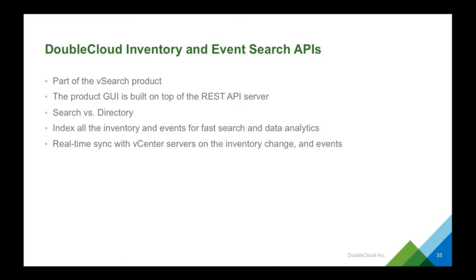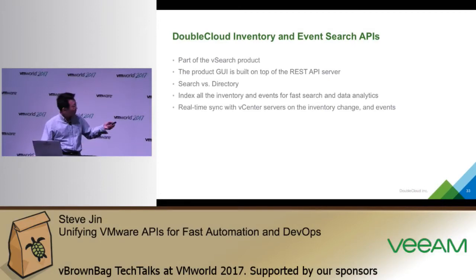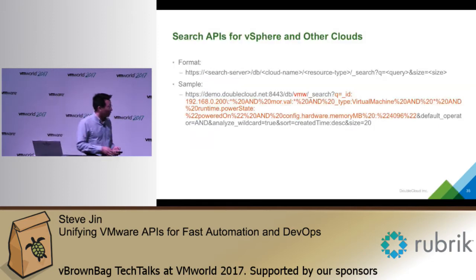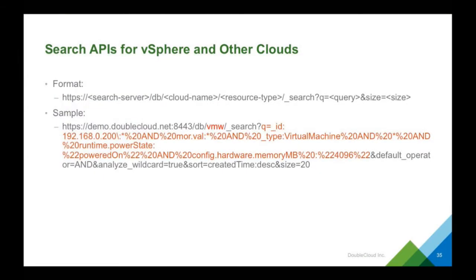In this product, we also expose the search API. It's very, very simple. Since this is our search product, I would like to show you a little bit. This is what the GUI looks like, right? You can do a lot of different things. And then this is the format of the search REST API exposed: the server, then the DB, and then the call name.